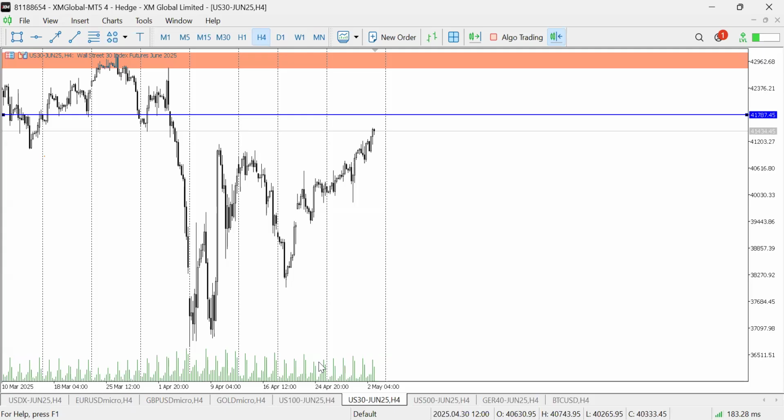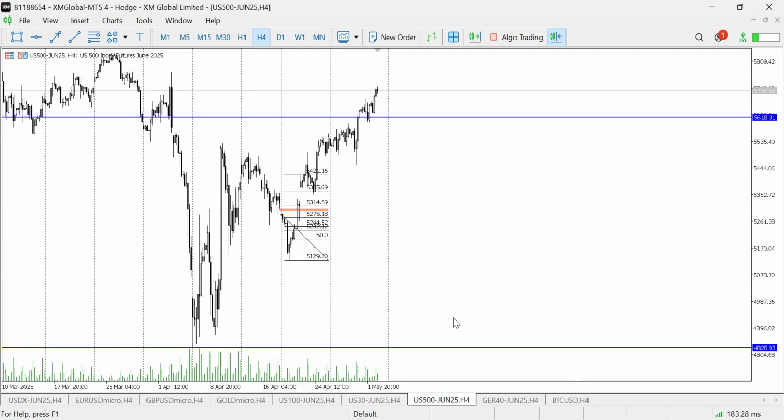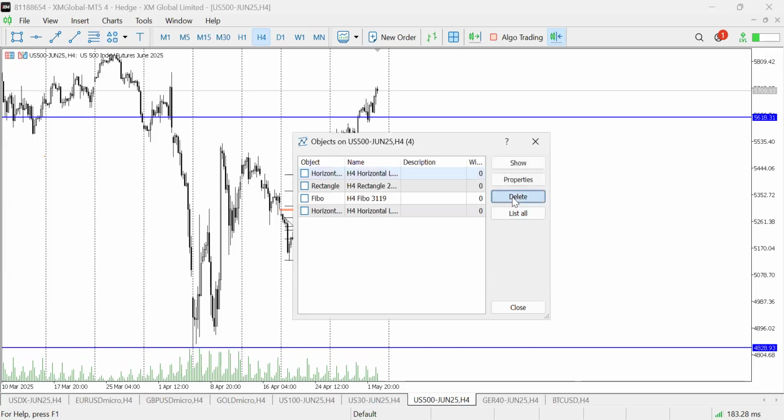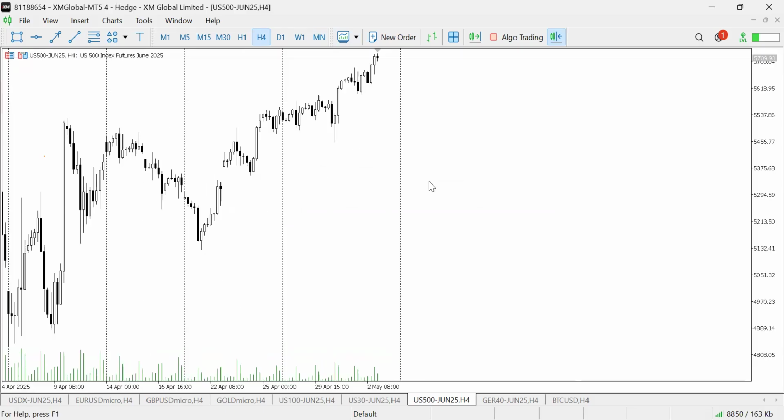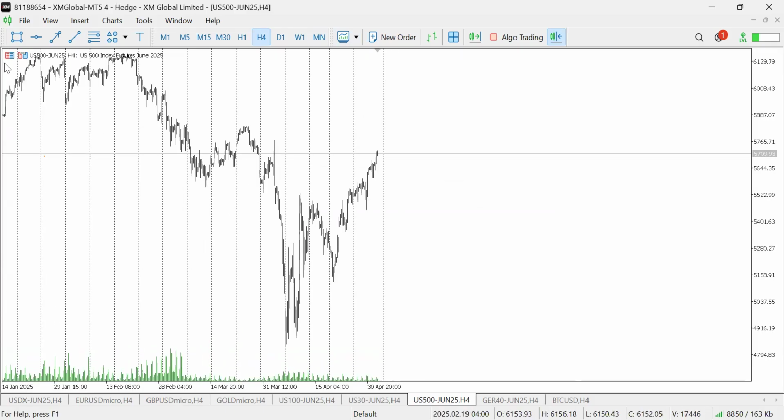Okay. My favorite pair is this right here. And just looking at this on the 4 hour time frame, this is a market maker buy model, right?